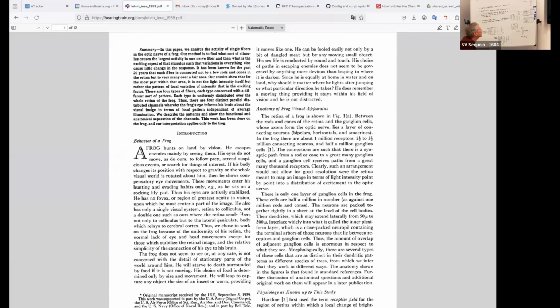The exciting aspect is that stimulus variations in everything else cause little change in response. It's not light intensity, but rather the local pattern variation in intensity as an exciting factor.